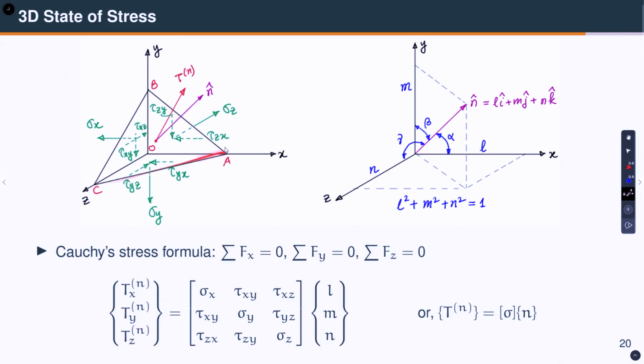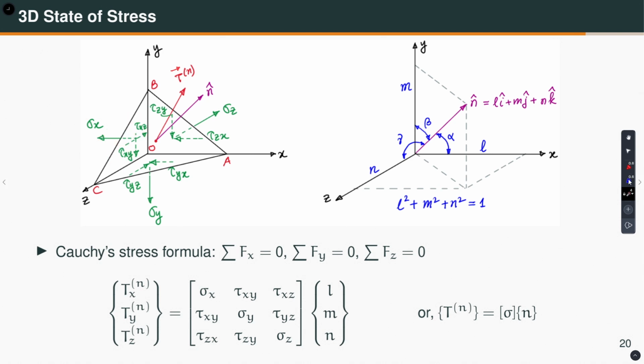The face ABC has unit normal n and the traction vector Tn, with an arrow, right, and the stress components on the coordinate planes are already shown, sigma x, tau xy, tau xz and so on.